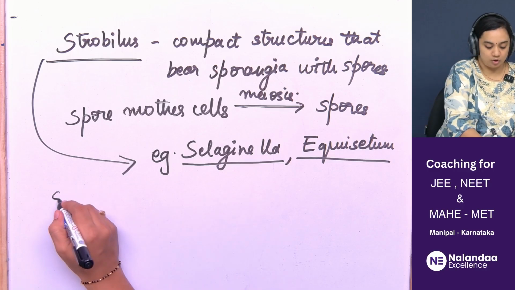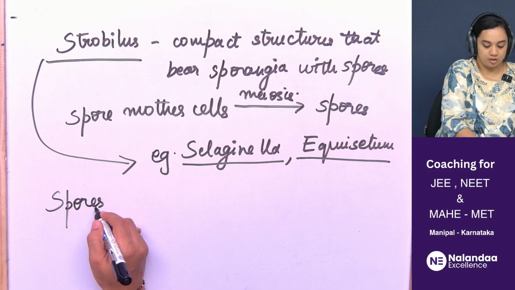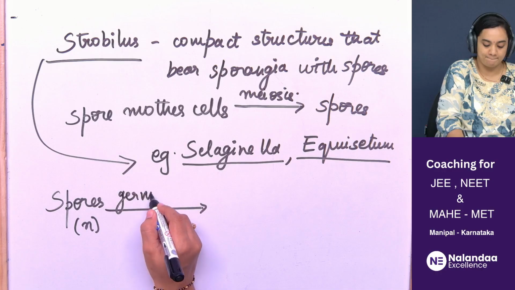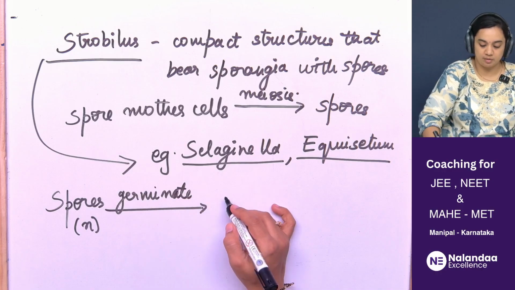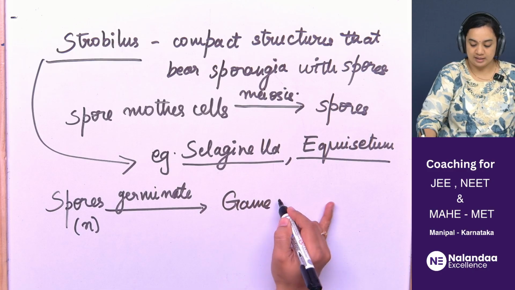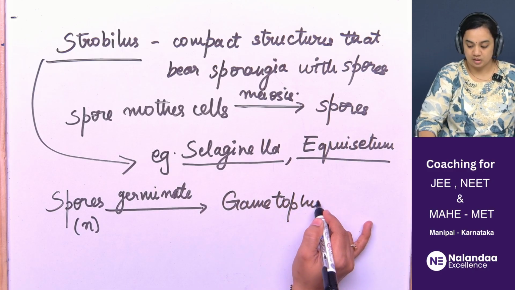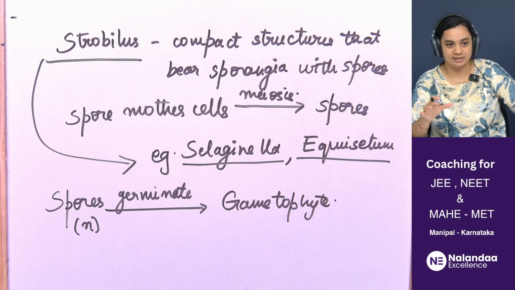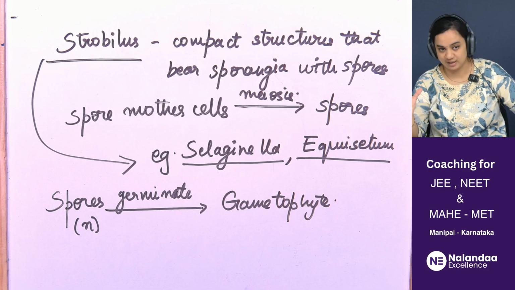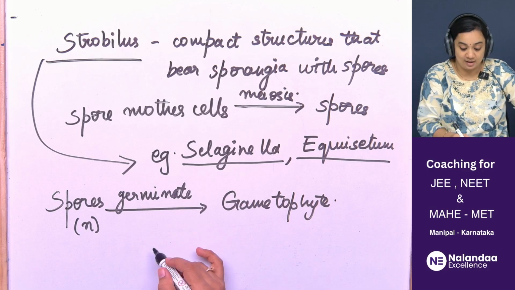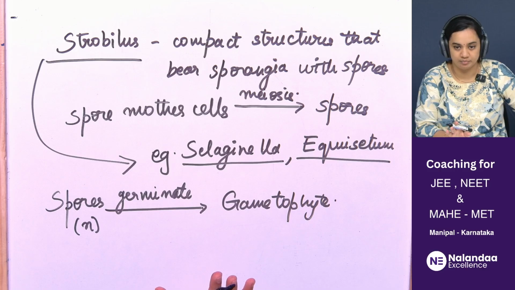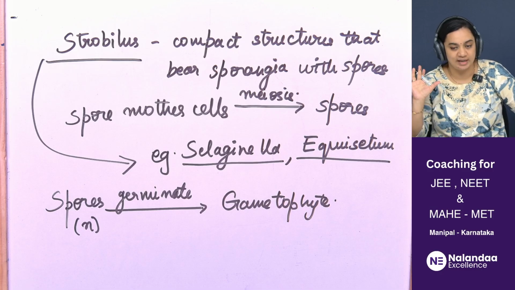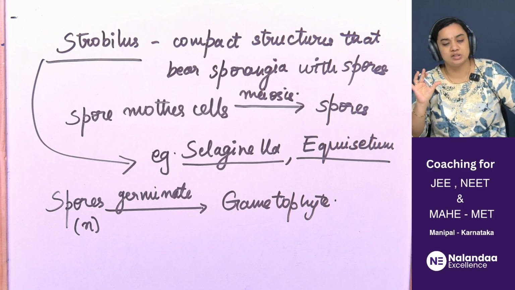Alright, now talking about what the spores do. The spores are haploid, and once they germinate, what will they form? The spores germinate to produce the gametophyte, correct? Now the gametophyte over here, look at the difference between bryophyte and pteridophyte. The gametophyte is a free living structure mostly, okay? It is not dependent on the sporophyte at all, mostly free living, and it is a tiny inconspicuous structure.